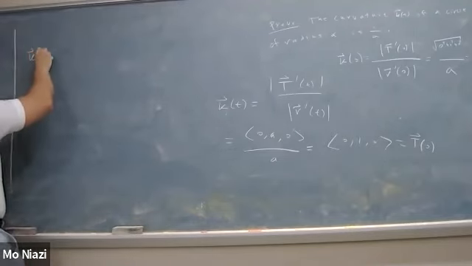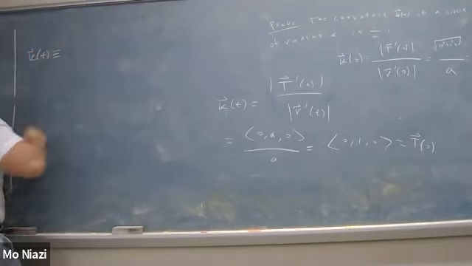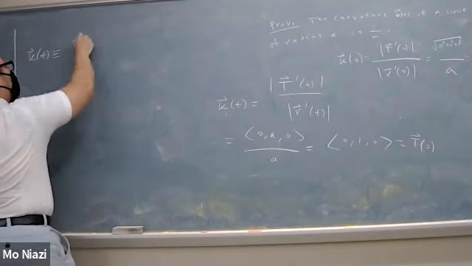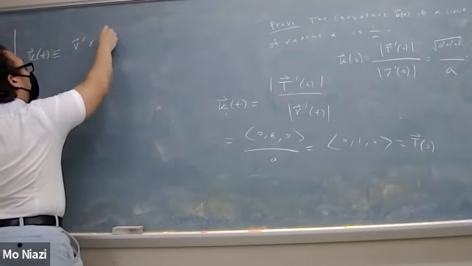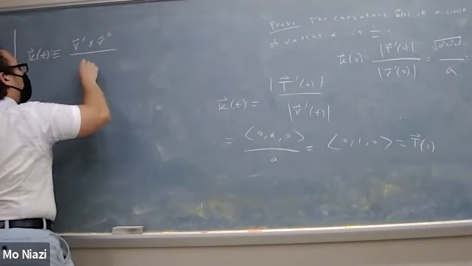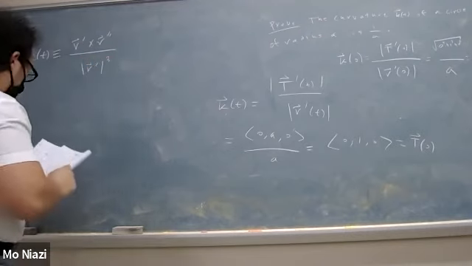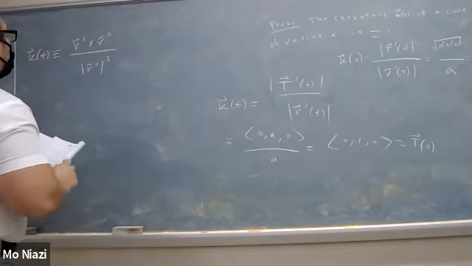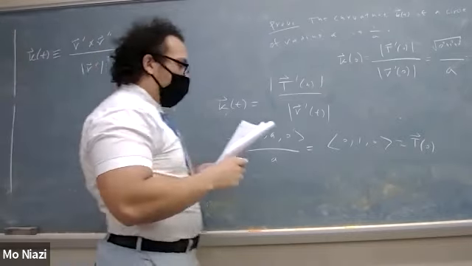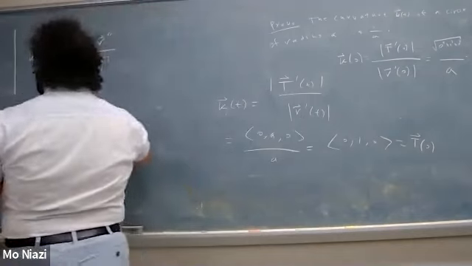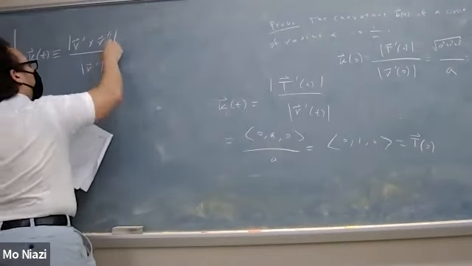It can be proven that there is another formulation: r prime cross r double prime divided by the magnitude of r prime cubed. This is an equivalent formulation for curvature, but you also gotta put some magnitudes over here.